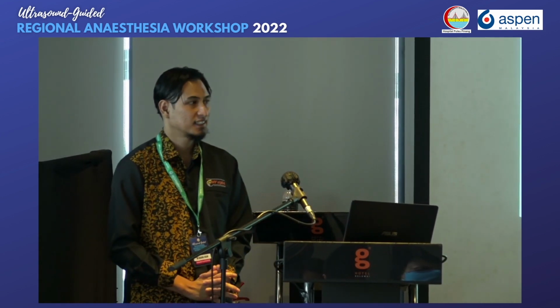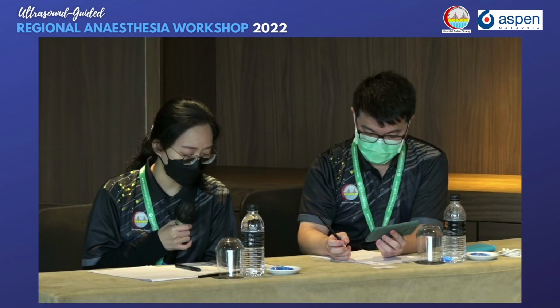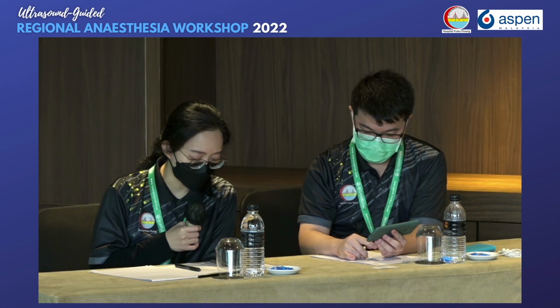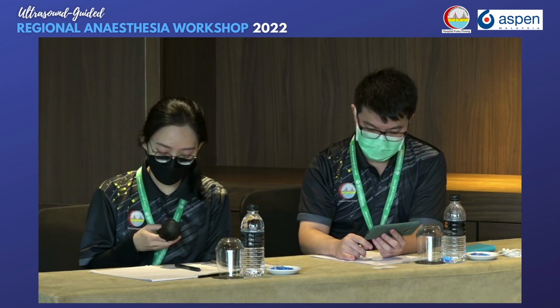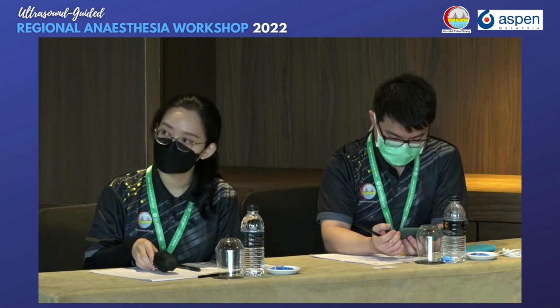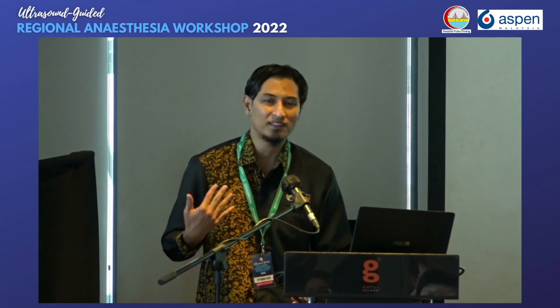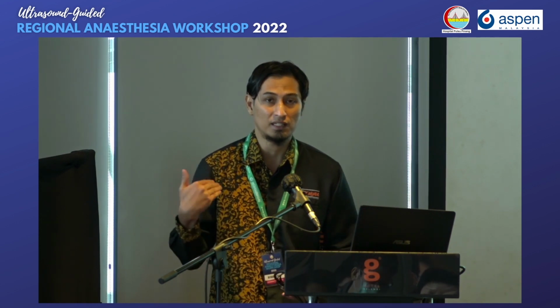We have a question from our online viewers. Continuing on with the mastectomy, the question here is, what's your cocktail? For example, the level, amount, and concentration of LA for ESP, particularly for mastectomy and axillary clearance. Okay, so ESP, as I mentioned just now, depends on the spread of your LA. So I tend to give a large volume, at least 40 mils if it's unilateral.